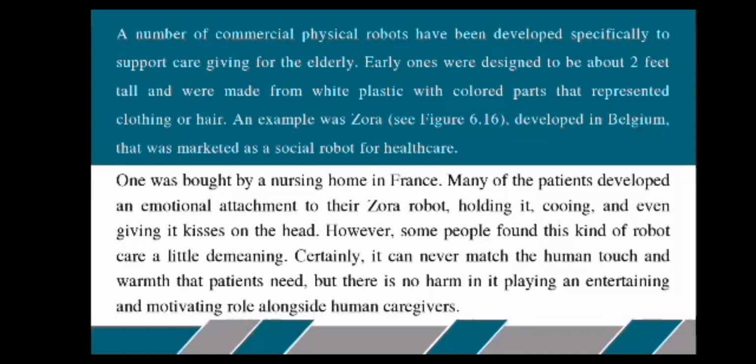Many of the patients developed an emotional attachment to their Zora robot, holding it, cuddling it, and even giving it kisses on the head. However, some people found this kind of robot care a little demeaning. Certainly, it can never match the human touch and warmth that patients need, but there is no harm in it playing an entertaining and motivating role alongside human caregivers.